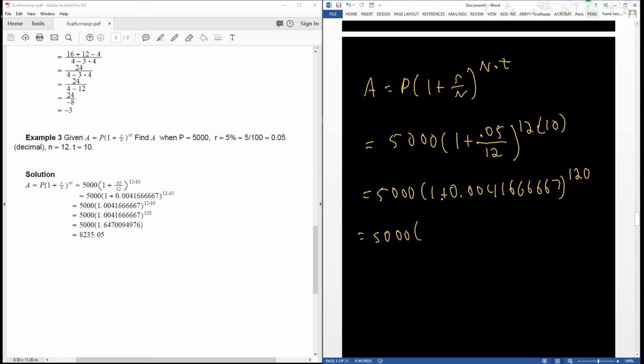Oh, wait a minute. Before I get that, there's stuff in here I can do. So I'll add these two together, and I end up with 1.004166667 raised to the 120. So now I'll go ahead and take care of my exponent. I have one value in the parentheses. And I end up with 1.64700094976.